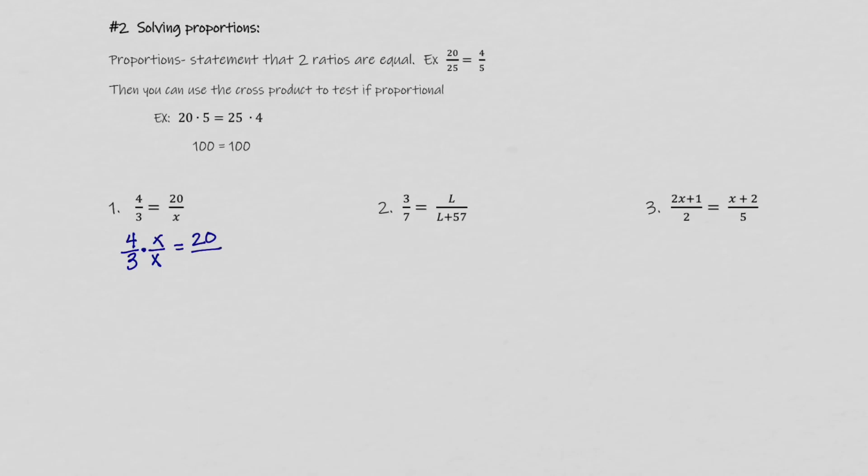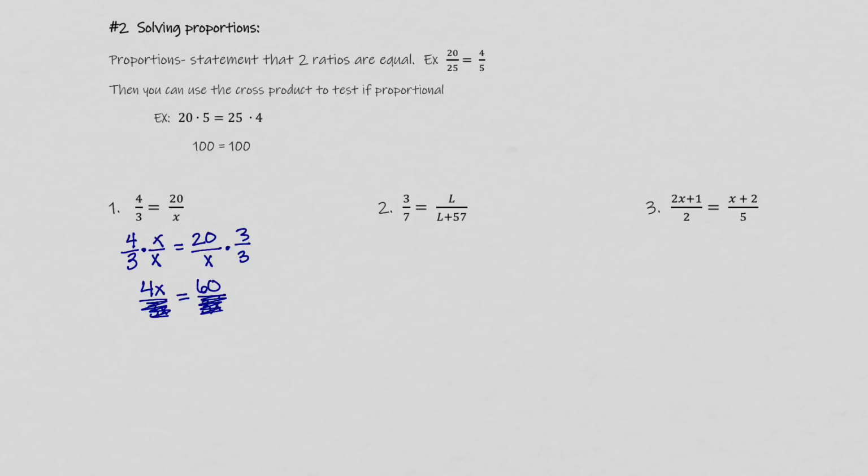If I need this one to have a 3 on the bottom, I need the top to also have a 3. So I get 4x over 3x equals 60 over 3x. If I were to multiply everything by 3x, these go away. So I can solve that.